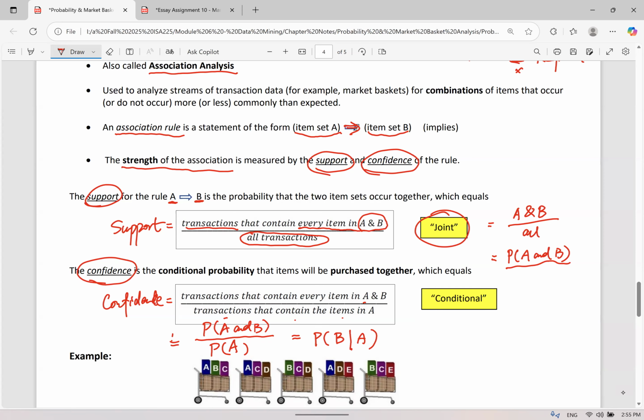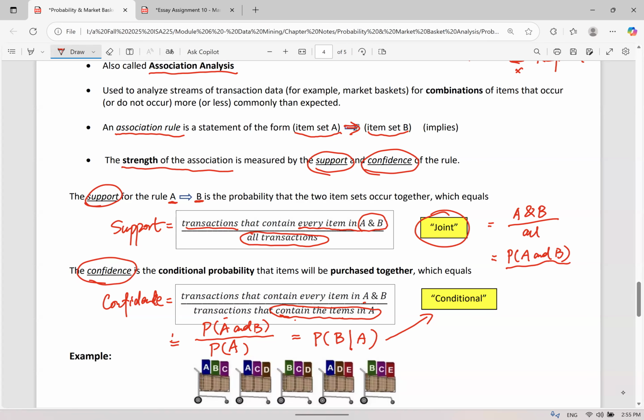So with this idea, it is just a conditional probability. Given the condition, out of all the transactions that contain A, how many transactions also contain B, so that the baskets contain both A and B?